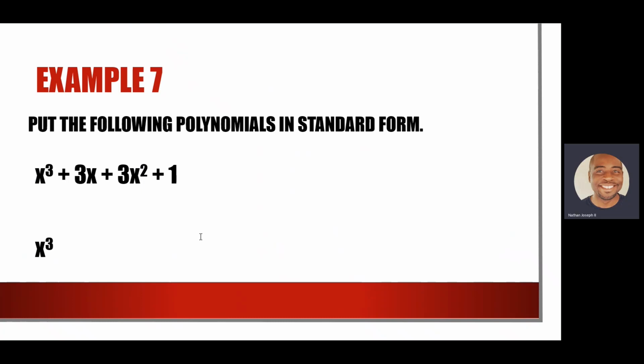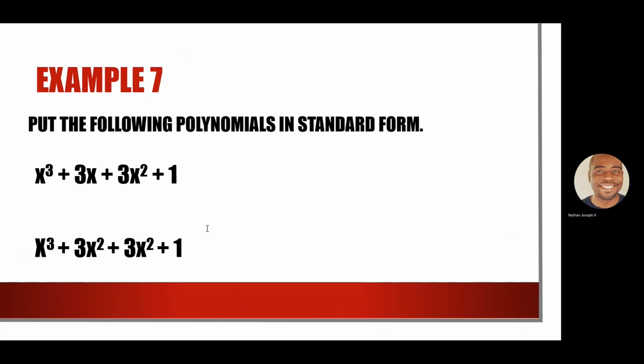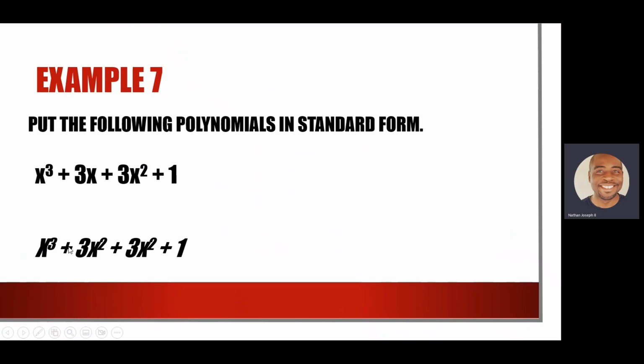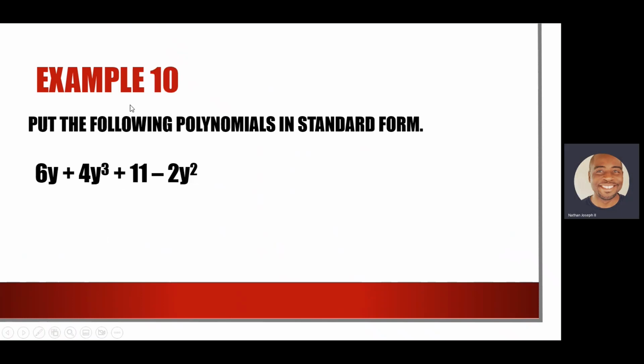Then following that, we should have plus 3x squared. And following that, we should have plus x. And lastly, we should have plus 1. Now, looking at the exponents, it's in descending order: 3, 2, 1, none.